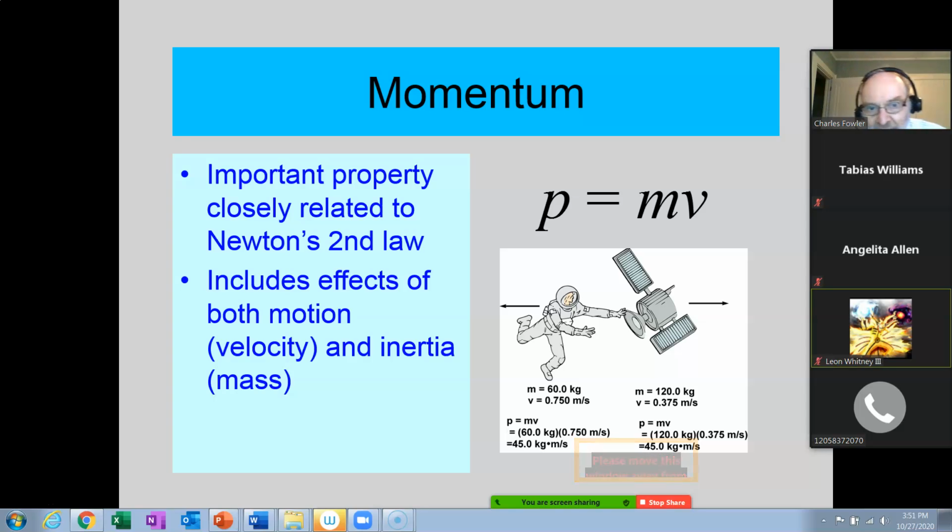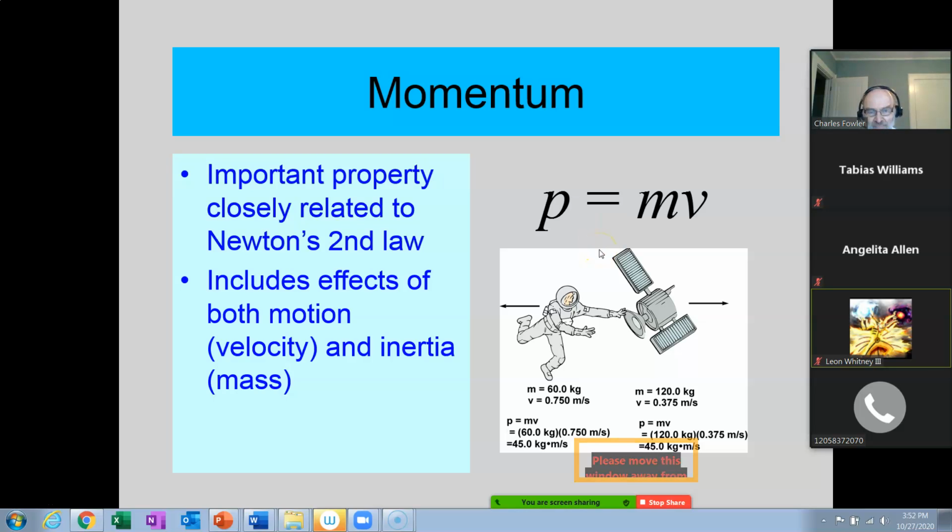Okay. And we're in Chapter 2, Motion, Section 2.7, Momentum, on page 47, and this figure right here is on the bottom right-hand column of 47. Okay. Before the astronaut pushed, neither the astronaut nor the spacecraft had any velocity. So therefore the momentum was zero.